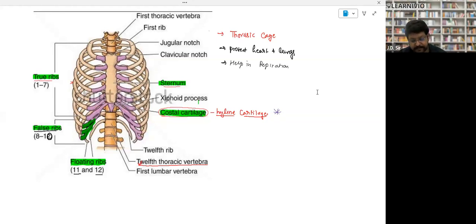Next point. 11th and 12th ribs are called floating ribs because their anterior end does not attach to the sternum.